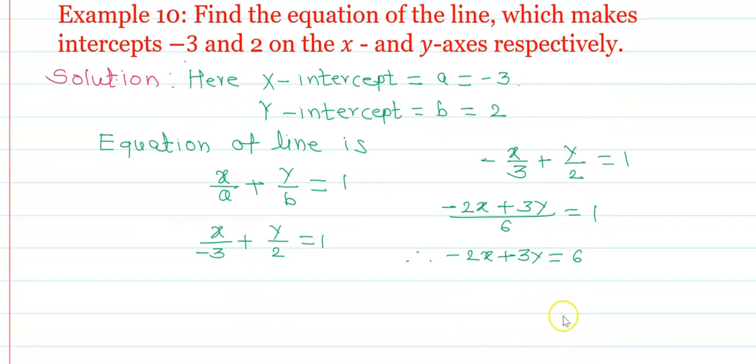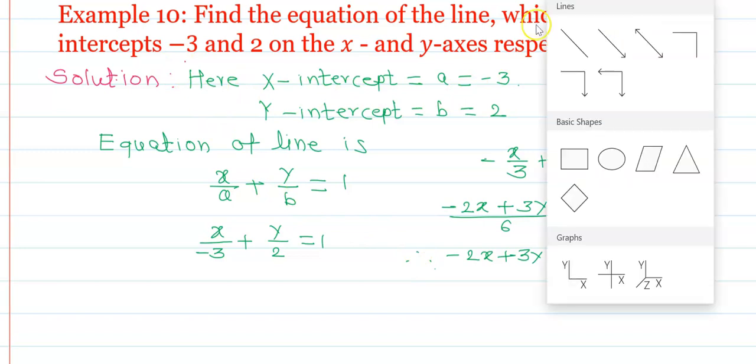This is the equation of a line having x-intercept minus 3 and y-intercept 2.